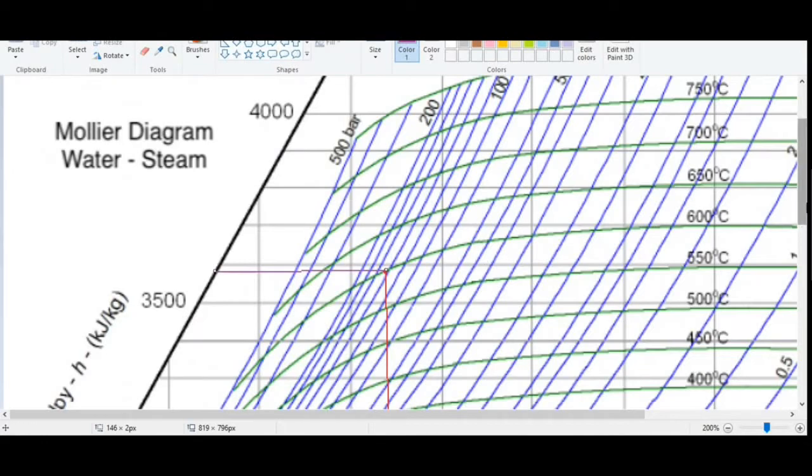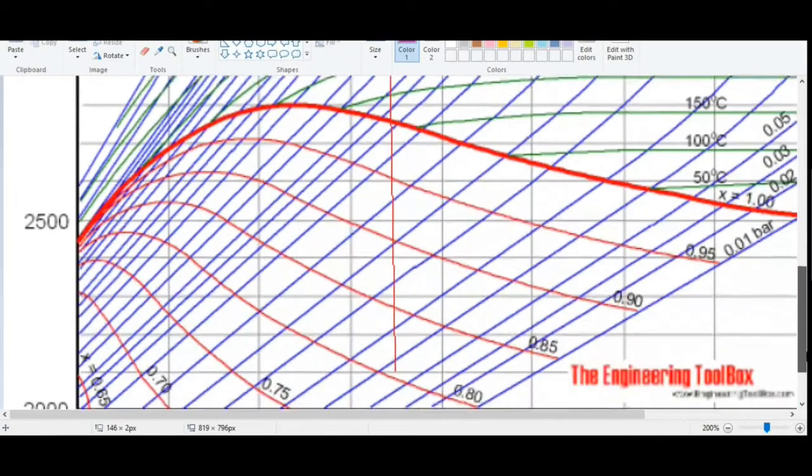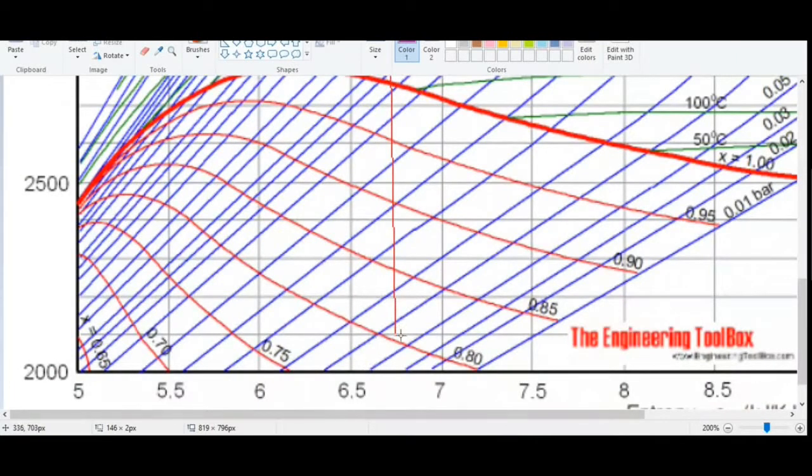Now in the same way we will find out what is the enthalpy at this point 2. So at this point 2 again we will draw a straight horizontal line and what is the value? So the value at point 2, that is H2, is equal to 2080 kilojoule per kilogram.